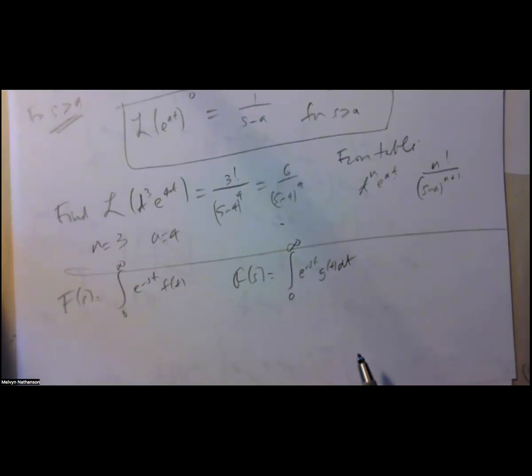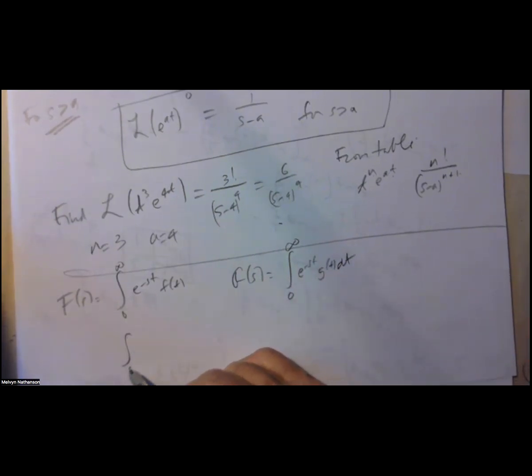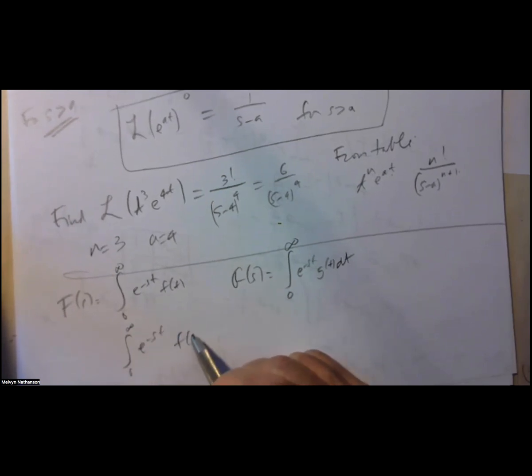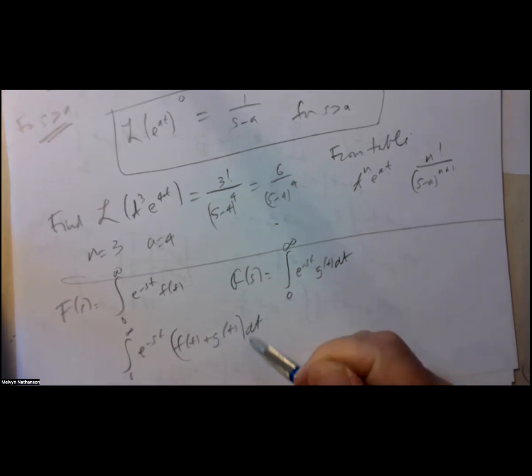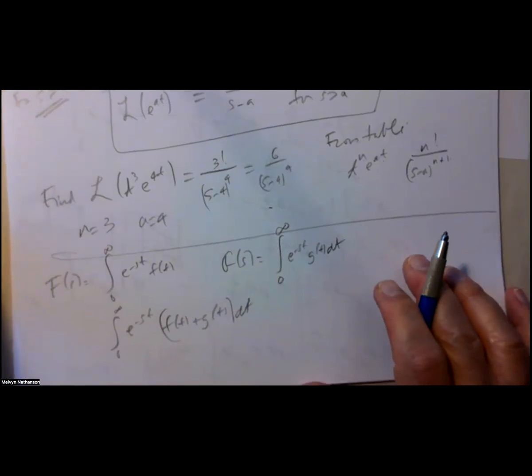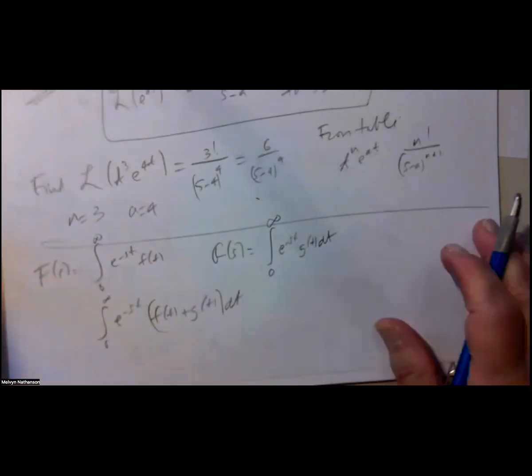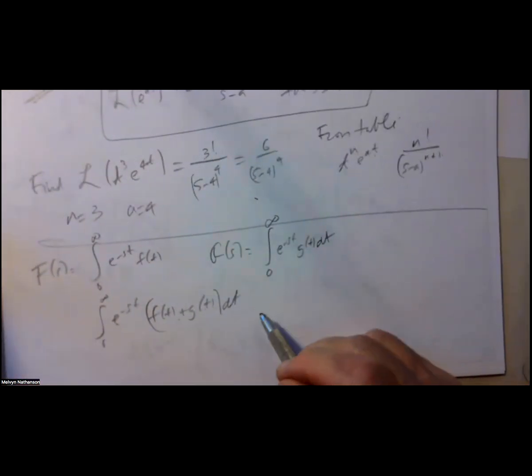And if both of these exist, then you would say that the Laplace transform of f of t plus g of t, by the linearity of the integral, of a sum is the sum of the integrals.